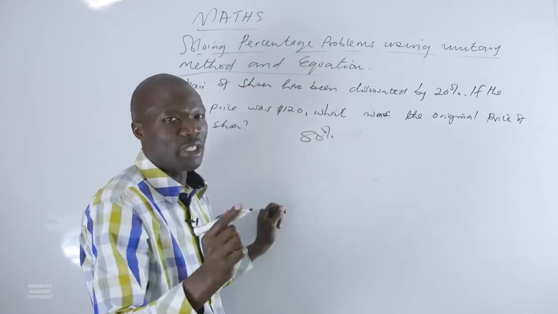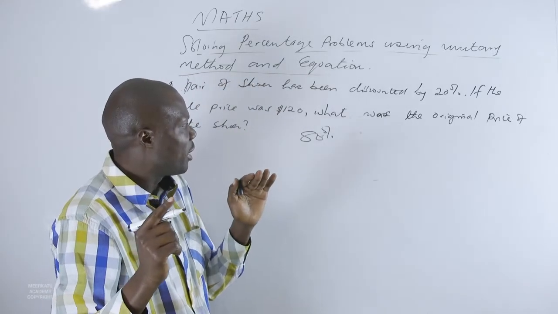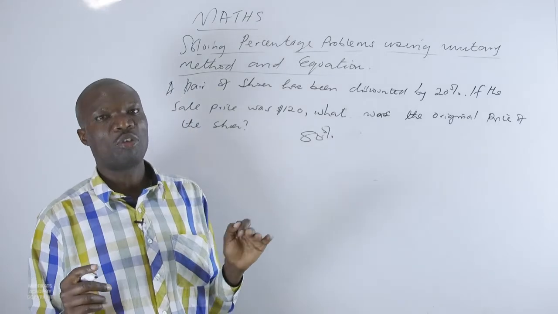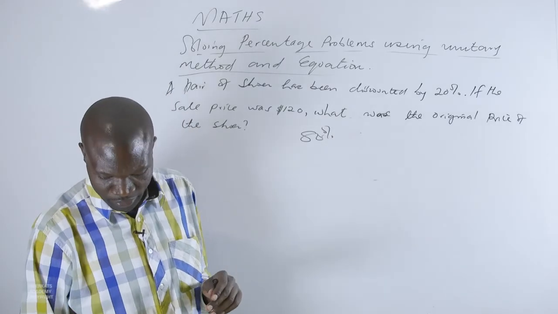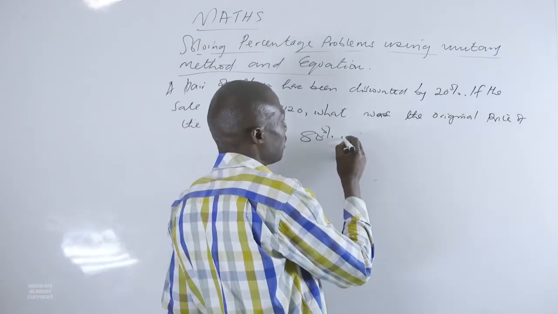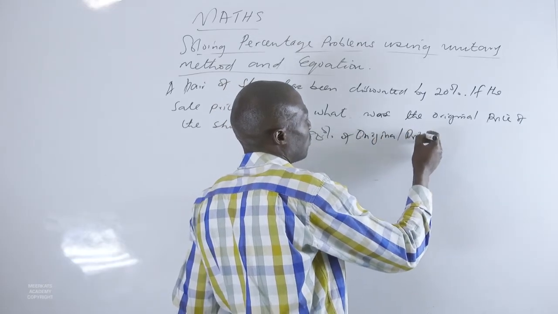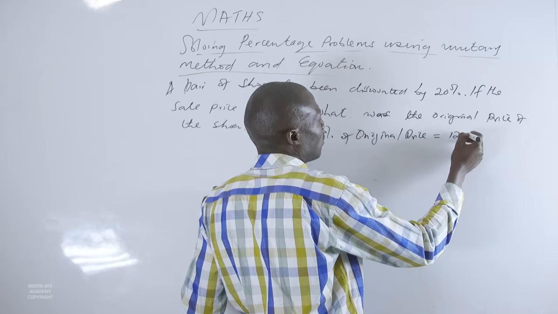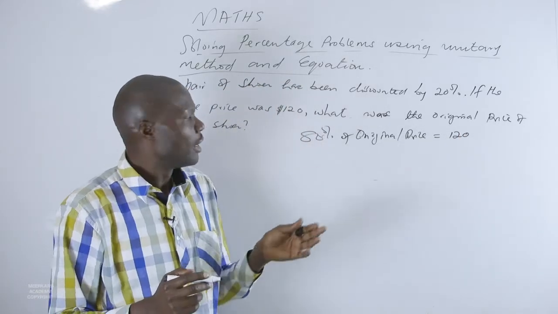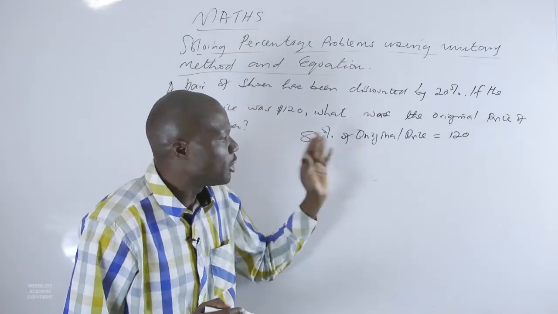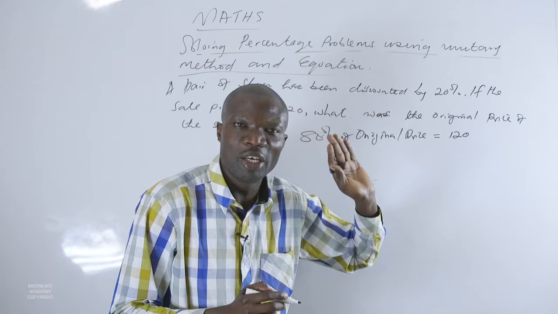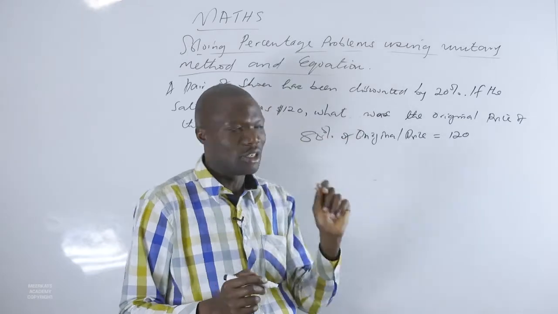We are talking of 80% of the marked price, or of the advertised cost. So 80% of the original. Okay, you see that? 80% of the original price is simply $120.